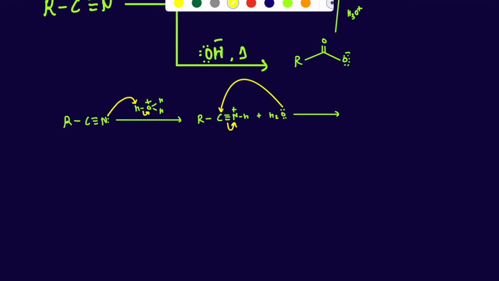In doing so, I get only a double bond left with the nitrogen and the carbon. And then I have an oxygen connected to the carbon now, but now you get a positive charge. So I've got to get rid of this positive charge.